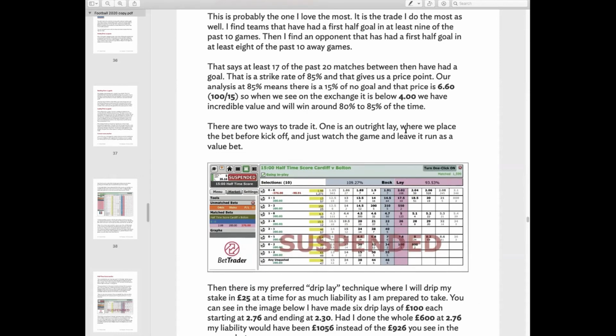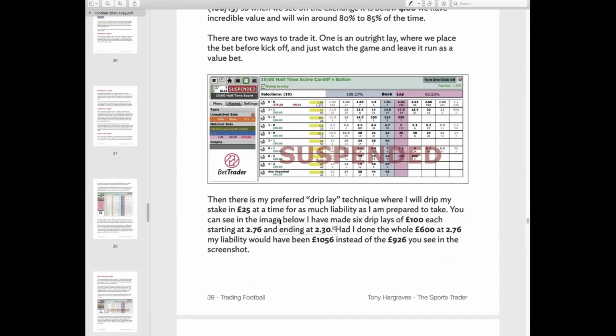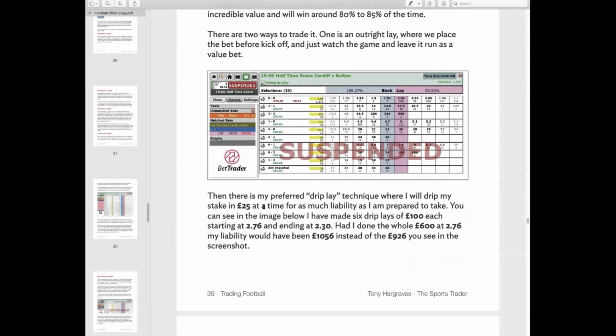So there's 2 ways to trade it. There's an outright lay where we just place the bet before kickoff and watch the game and leave it run as a value bet, or there's the preferred one that I use where I'll drip lay my stake in £25 at a time for as much liability as I'm prepared to take. Now that's just in the match market.